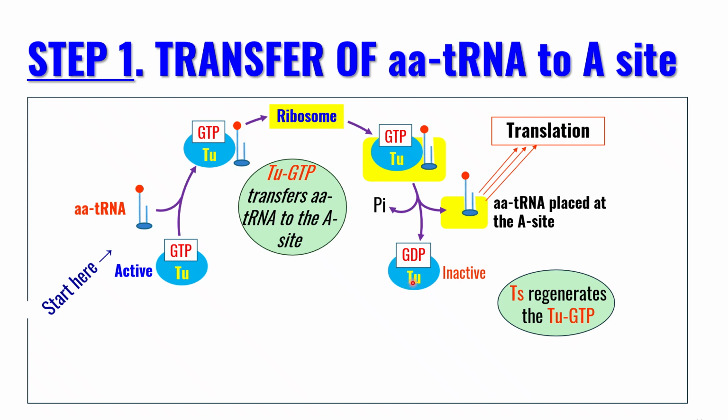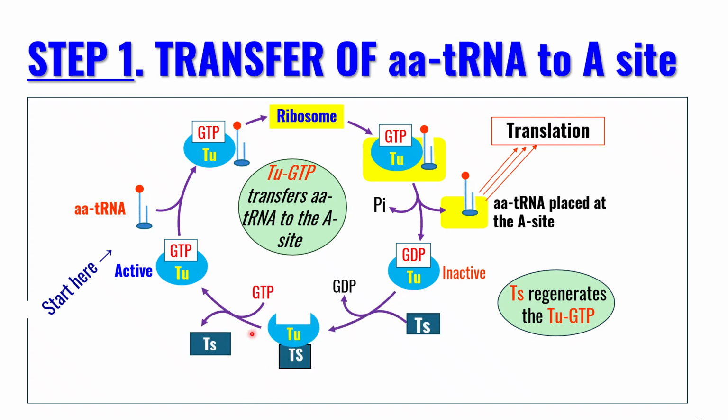So basically Ts will bind to this, forming the Tu-Ts complex, which in turn binds to GTP, regenerating the active form of Tu-GTP. And in this cycle, Tu-GTP transfers amino acid tRNA to the A site correctly, whereas Ts regenerates the active form of Tu from the inactive form GDP-Tu.